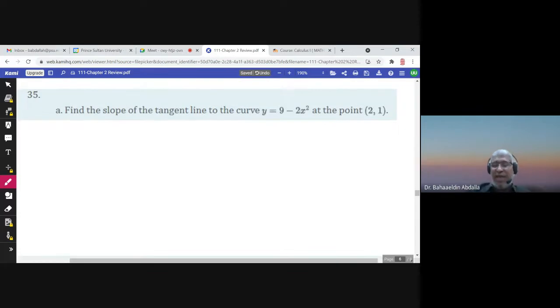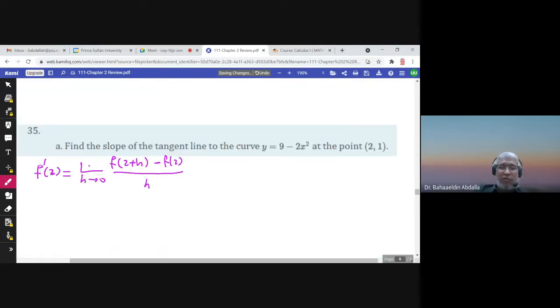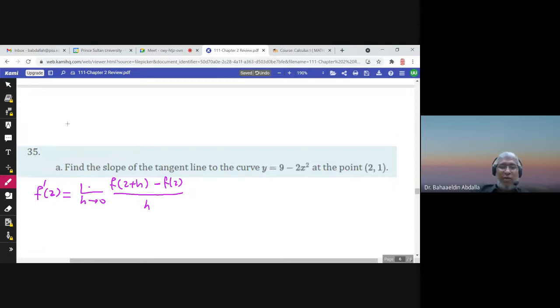Find the slope of the tangent line to the curve. Well, the slope of the tangent line at the point 2 is f prime of 2. That's the slope at 2. And by definition, this is the limit, let me use this definition, as h approaches 0 of f of 2 plus h minus f of 2 over h. This is one of the definitions of f prime of 2. Remember, f prime of a has two definitions.